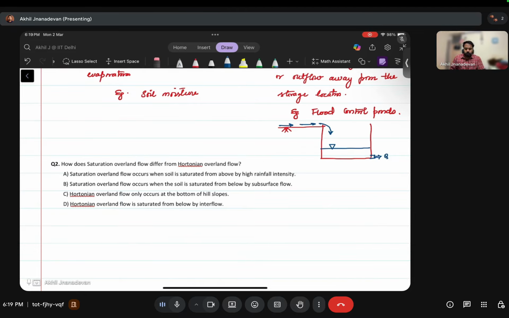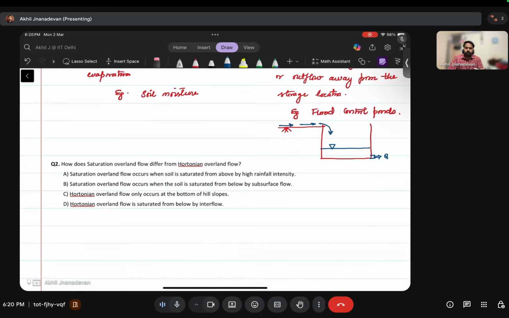The purpose of this tank is that when high intensity rainfall comes, it reduces the ponding effect, right? Some water gets stored, it can act like a buffer, hold some water and release it at a very small rate so that flooding won't occur, right? That is one type of flood control technique being implemented in urban areas.